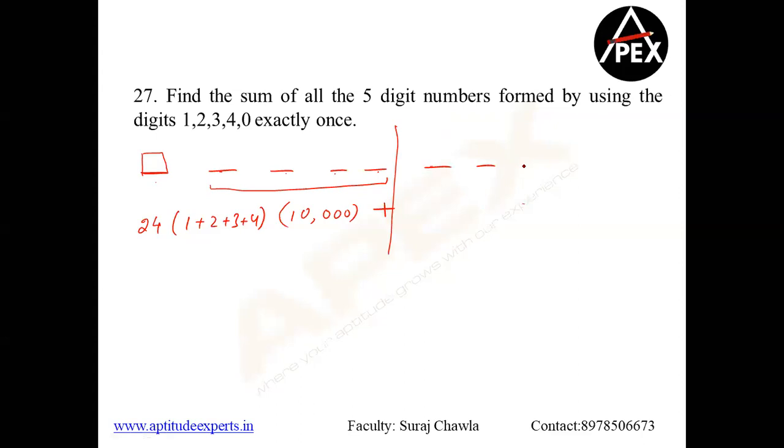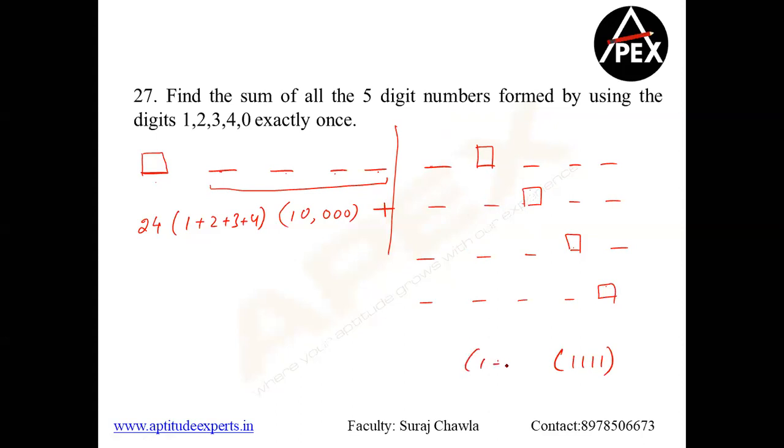So if you are doing this, please understand I'm calculating for only these places. Either this place or I'm calculating for 1, 2, 3, 4, 5 this place. Right? So ones place, tens place, hundreds place, thousands place. So write 4 ones.